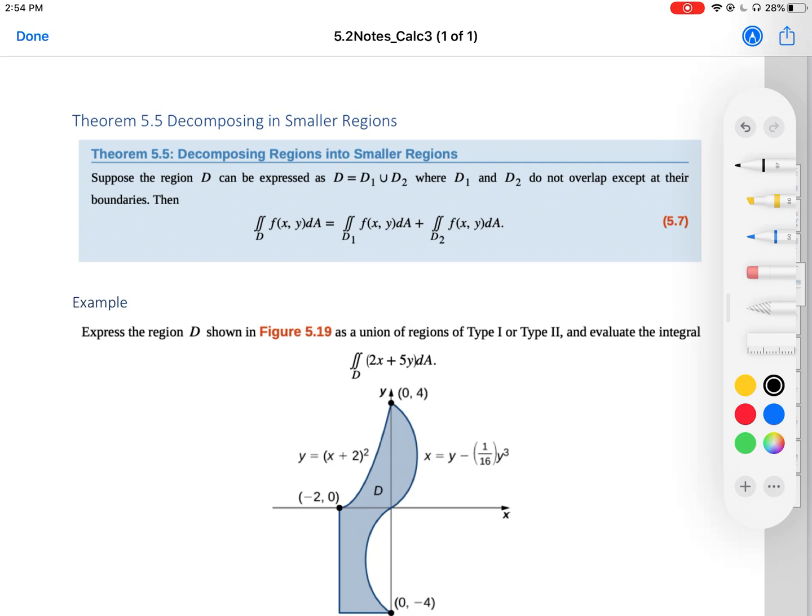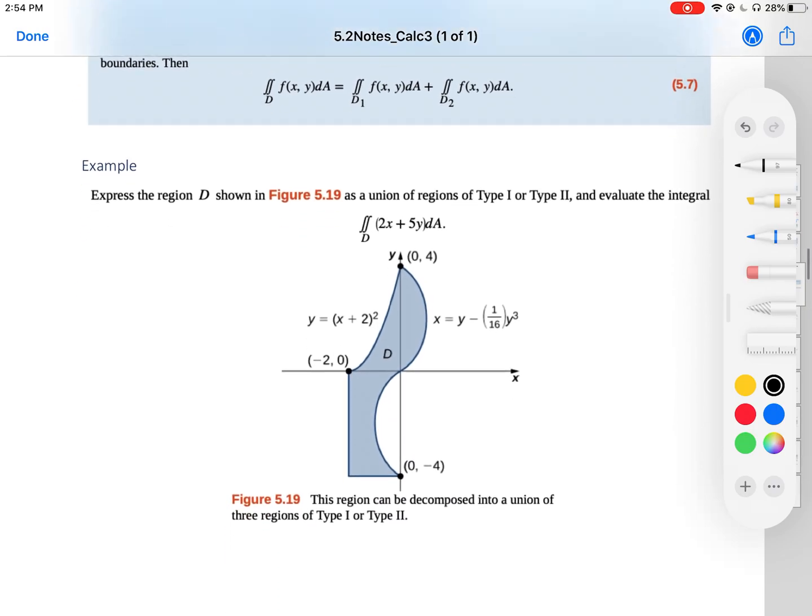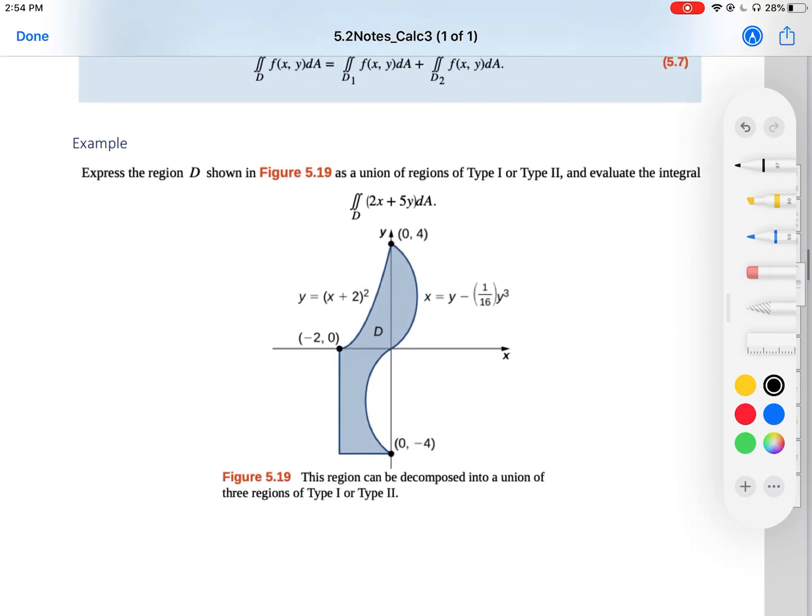So here, let's see this example. It's pretty overwhelming to try to integrate all of this in one shot, but luckily we can break it down. Now, from looking at it, it seems like I can break it down this way and break it down this way so that we have different pictures.